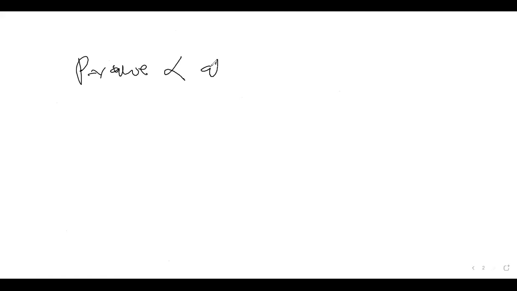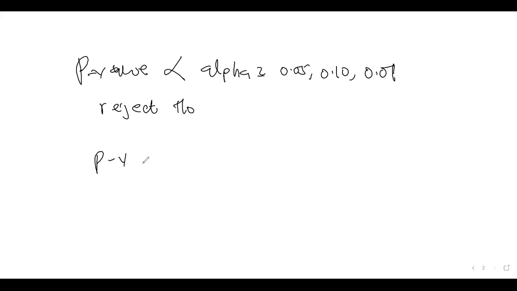So all that I'm saying is that the clue you must learn is that when the p-value is less than the alpha, whether your alpha is 0.05, 0.1, or 0.01, depending on which level you are testing, you can test at 5%, 10%, or even 1%. When our p-value is less than alpha, we reject the null hypothesis. And when the p-value is greater than your alpha, we accept the null hypothesis.